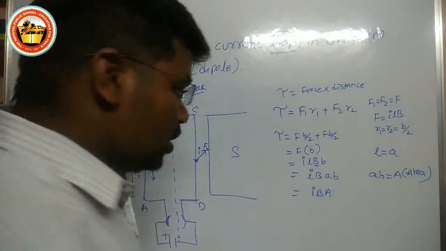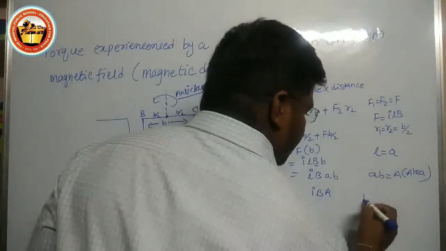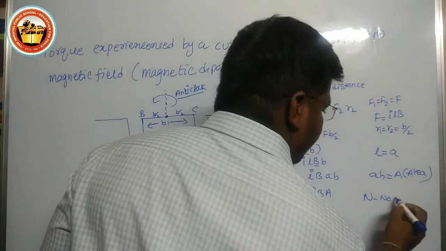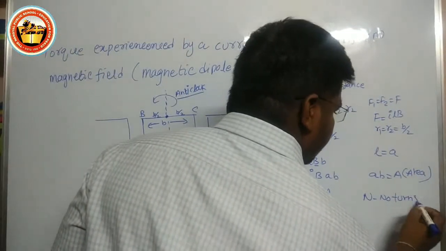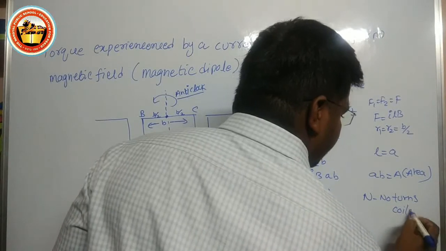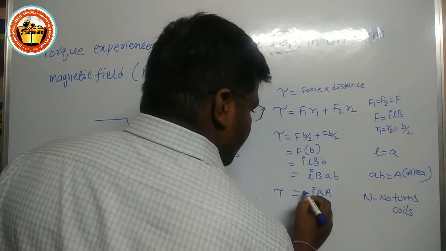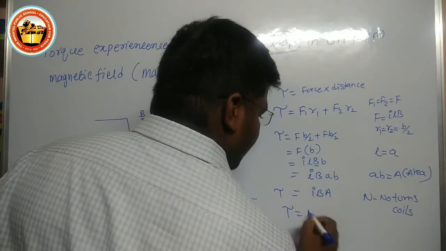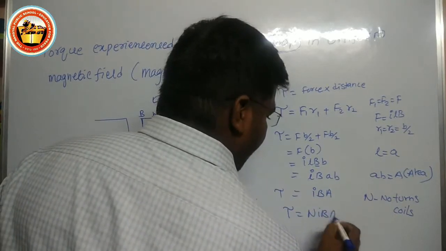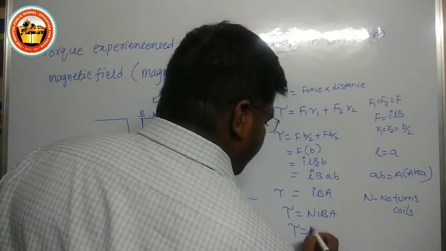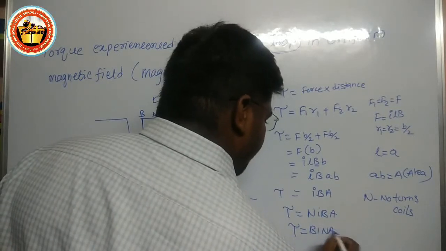If we take N as the number of turns or coils, then tau is equal to NIBA, or tau is equal to BINA.